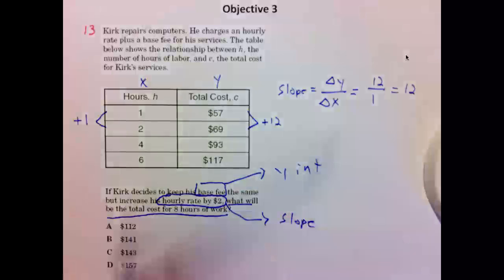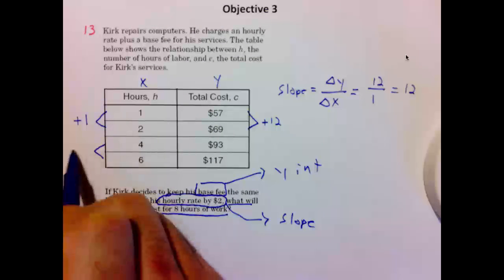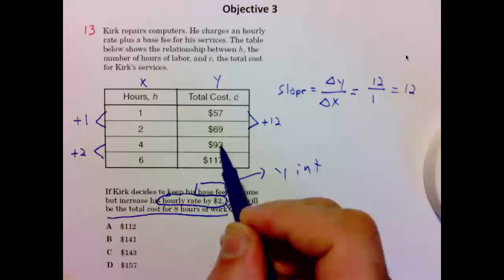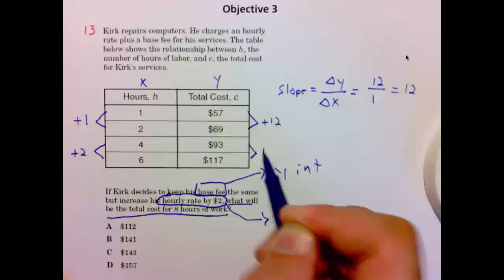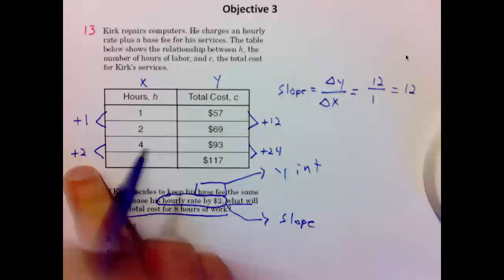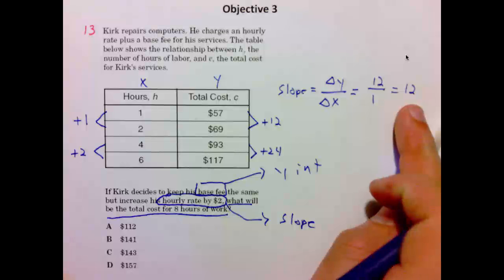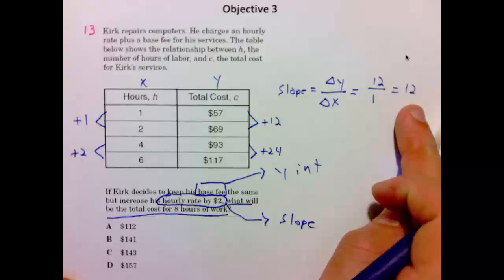And we can look at any 2 points and see that same change. Here from 4 to 6 is a change of 2. Here from 93 to 117 is a change of 24. So 24 divided by 2 is still 12. That is his rate. That is his slope.